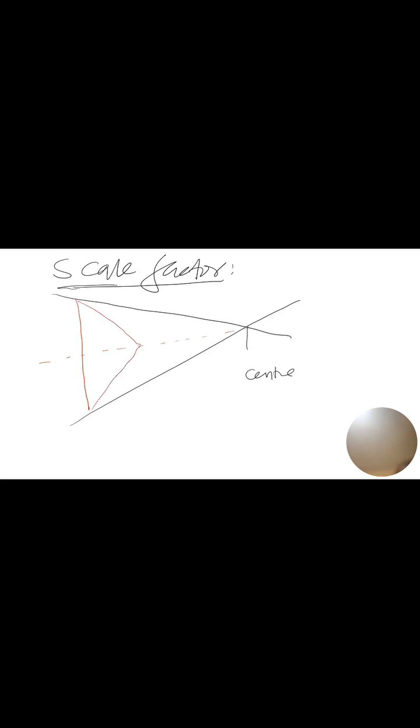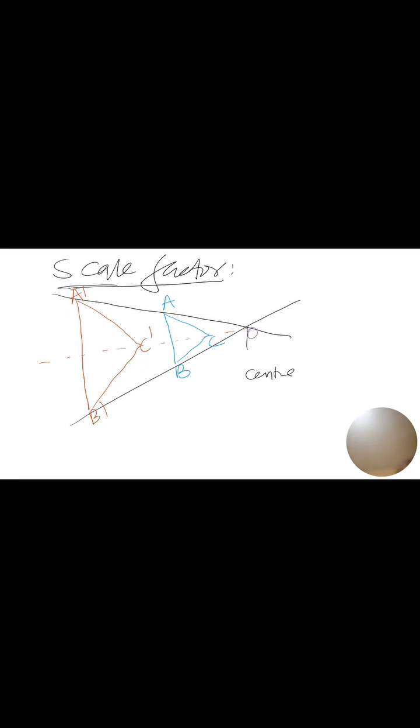I have that triangle, and I have this other triangle. This triangle we can call A, B, C, and the other triangle A prime, B prime, C prime. And this is our center O, the center of enlargement.